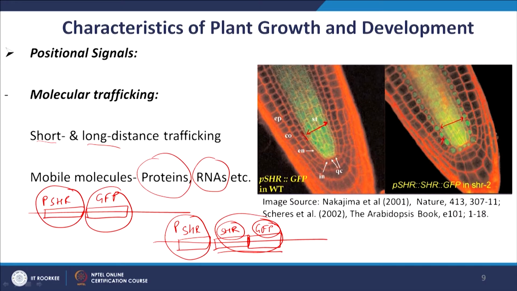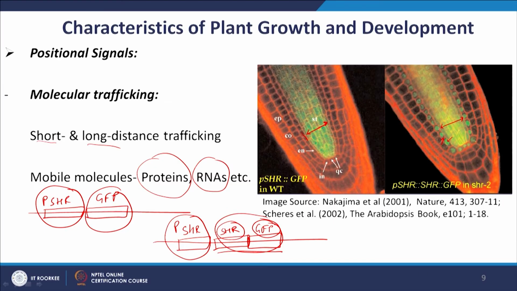So one thing is clear: there is protein mobility. The short root protein which is synthesized in the vascular tissue is moving to the endodermis, because in the endodermis transcription is not happening. The endogenous gene is not getting expressed there, but the protein is present.